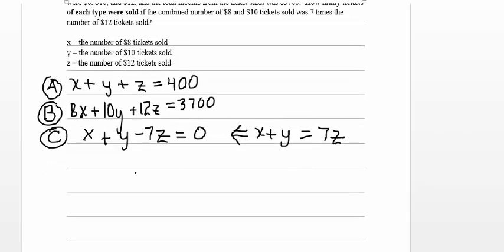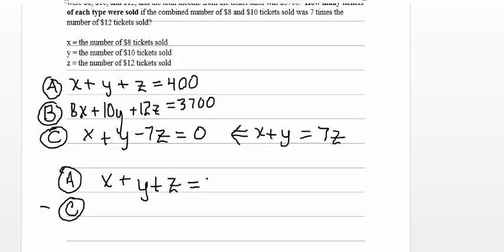And now if I take equation A and add negative equation C to equation A, my goal here is to eliminate X, but I can see that what's going to happen is I'm going to eliminate X and Y. So I multiply every term in equation C by -1.